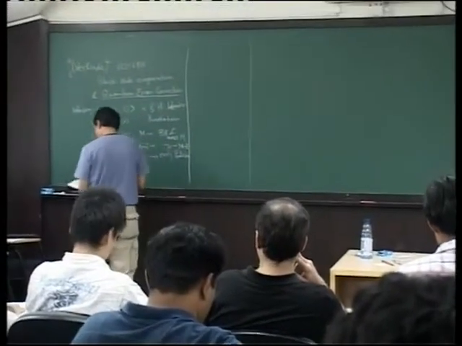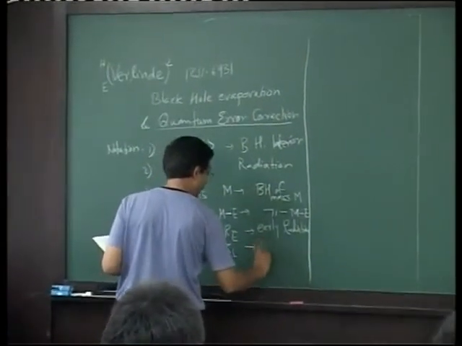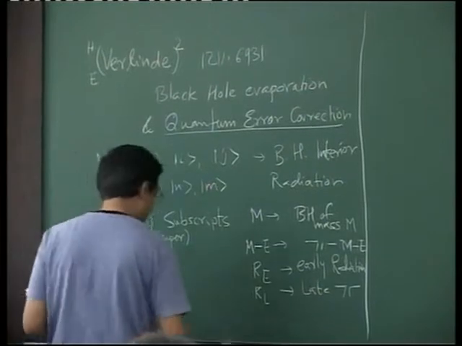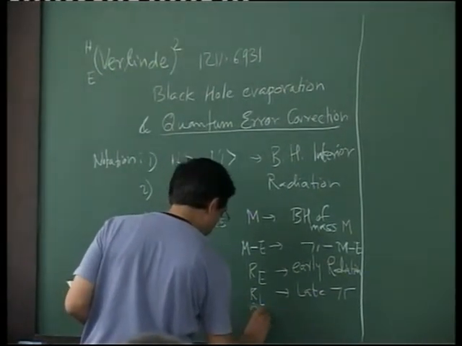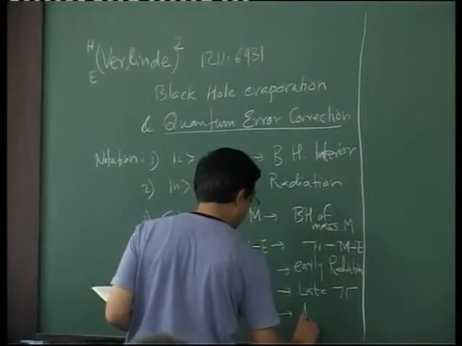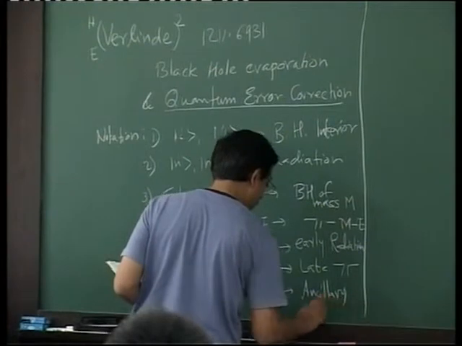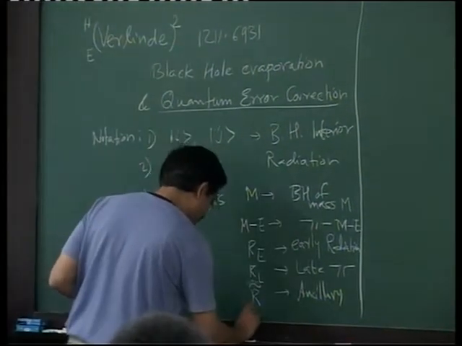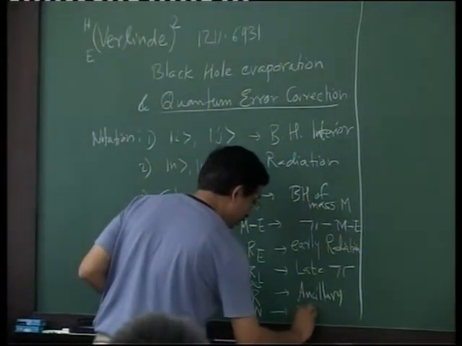And so R_L is of course late radiation. And R tilde is what is called the ancillary space. And I use subscript in for the interior of the black hole.